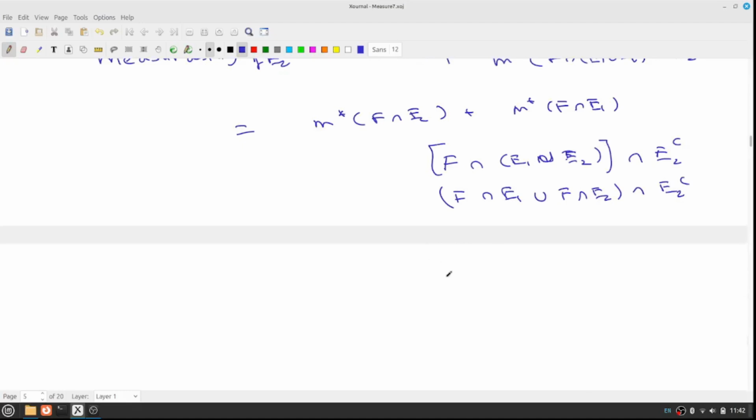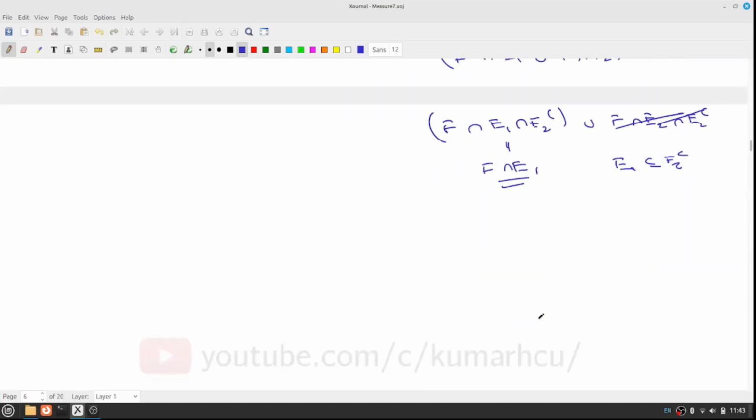So this will be F intersection E1 intersection E2 complement union F intersection E2 intersection E2 complement. This is empty, whereas E1 is contained in E2 complement, therefore this is F intersection E1. Please go through this kind of argument.